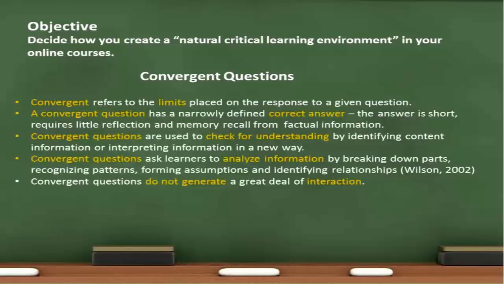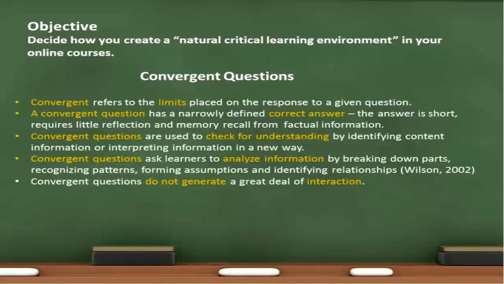Convergent questions ask students to analyze by breaking down parts, recognizing patterns, and forming assumptions. But these types of questions don't generate a lot of interaction. Typically they're used after, when you want to come to a solution. We've gone out and explored and done all these things. Now we want to come to a solution, an answer that we came up with.